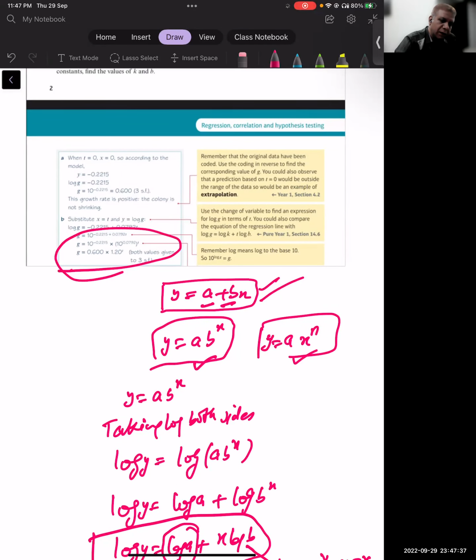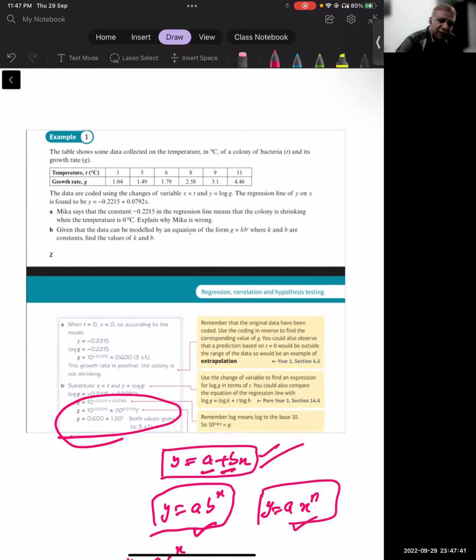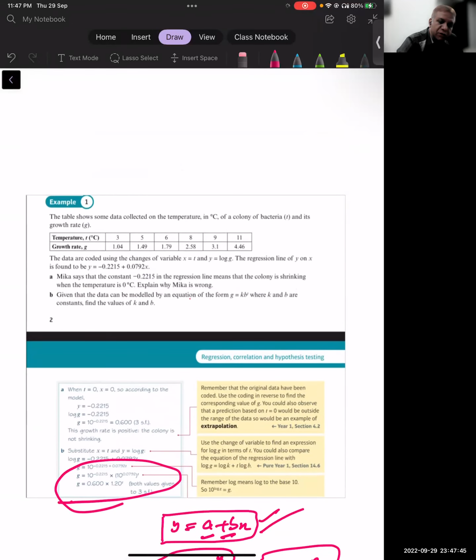Now, just go through the question and see what he's asking for. The table shows some data collected on temperature in a colony of bacteria and its growth rate. Temperature is given like this and bacteria is given like this. The data are coded by changes in the variable x equal to t and y equal to log g.